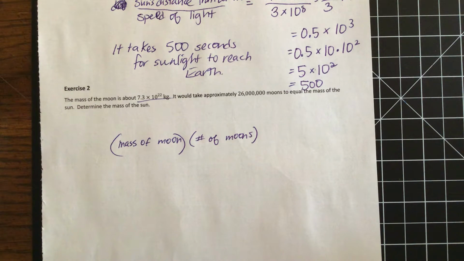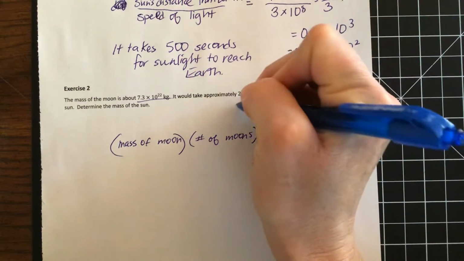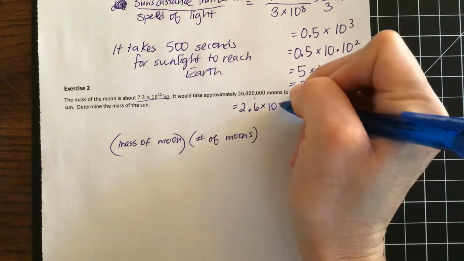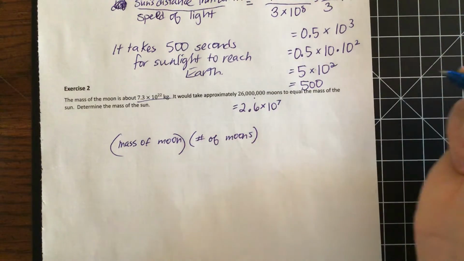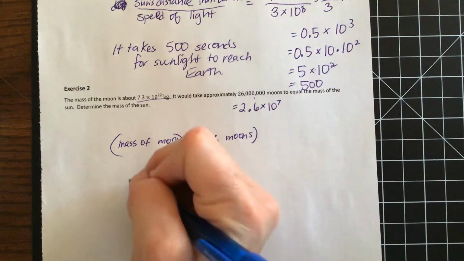All right, so let's write this in scientific notation. This is equal to 2.6 times 10 to the 7th power. Okay, and now let's just fill it in and multiply it.